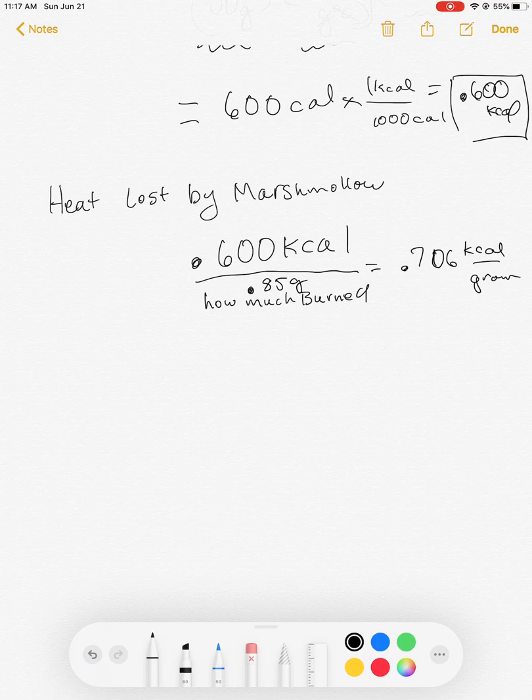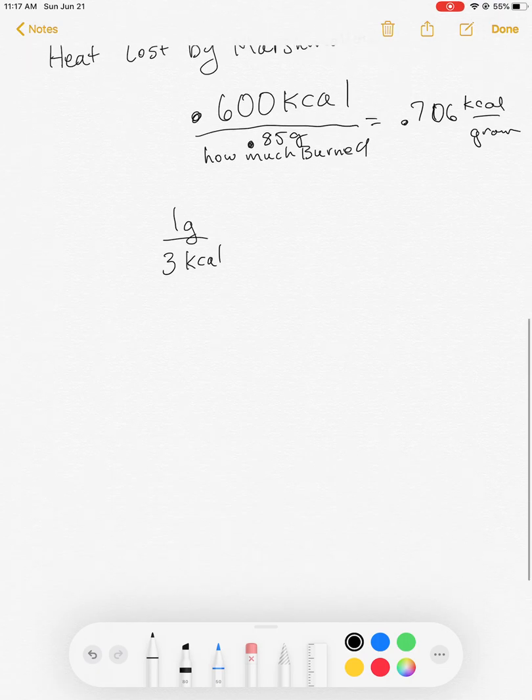And then on the package, hopefully you have something for that. And don't forget, if it's an uppercase C, then that's 1,000, okay? So on the nutritional label on the package of the marshmallow, it said 1 gram has 3 kilocalories, or big calories. So your percent error is a lot.